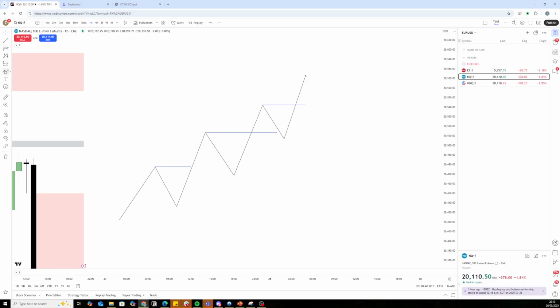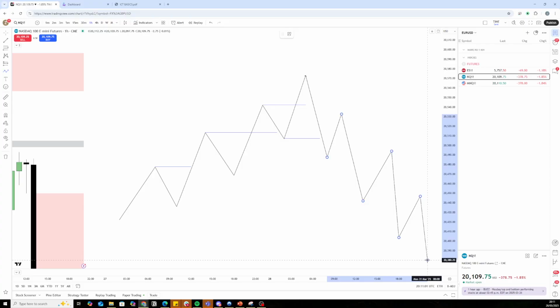But the second that price decides to break this low, okay, now this is what we call a market structure shift or a change of character or a break of structure. Now the market has essentially shifted gears and now a downtrend will start. Okay. Does that make sense to everyone?